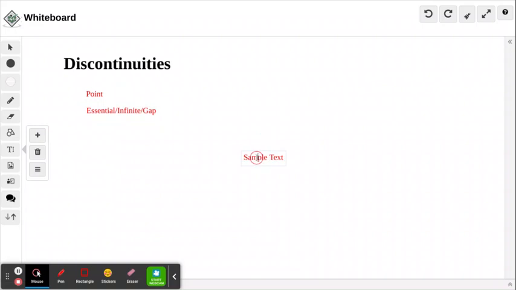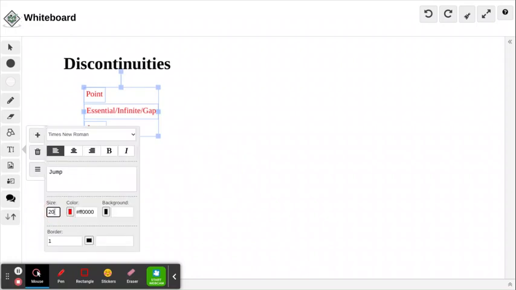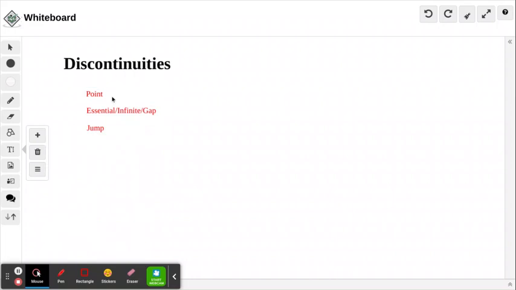And then the last kind is a jump discontinuity. All three of these kinds of discontinuities show up in the functions that we discussed in the very first episode of this series.